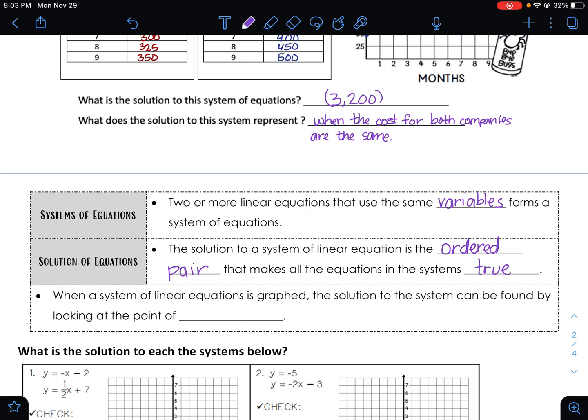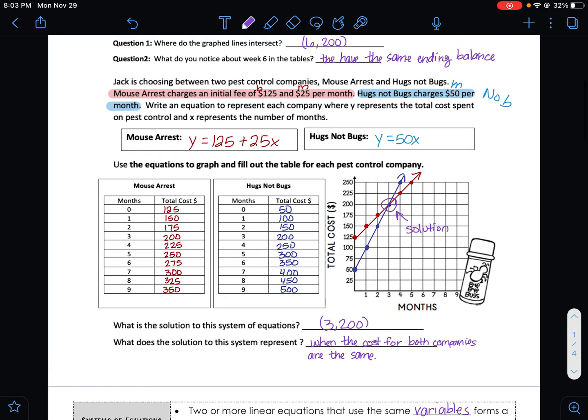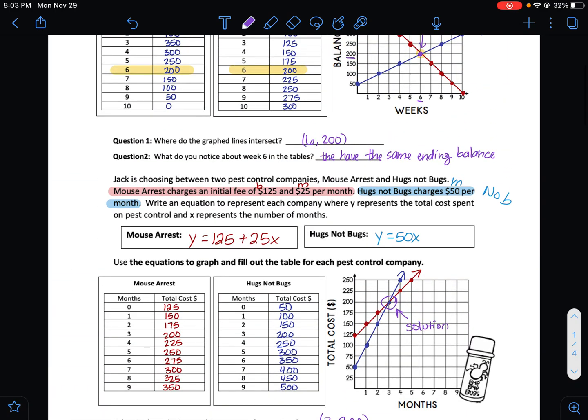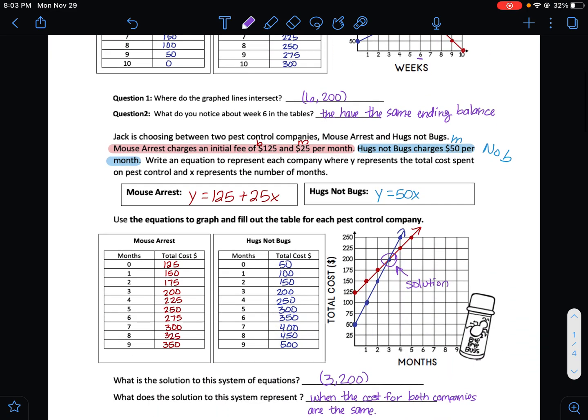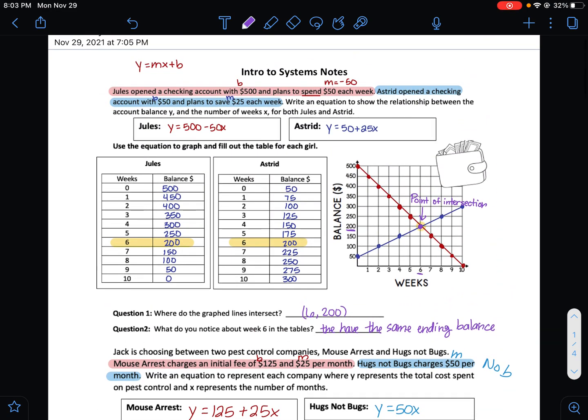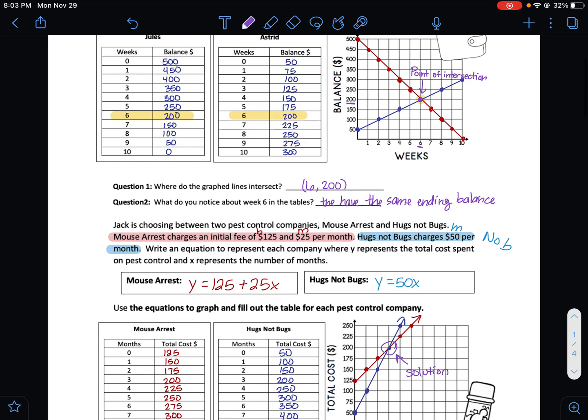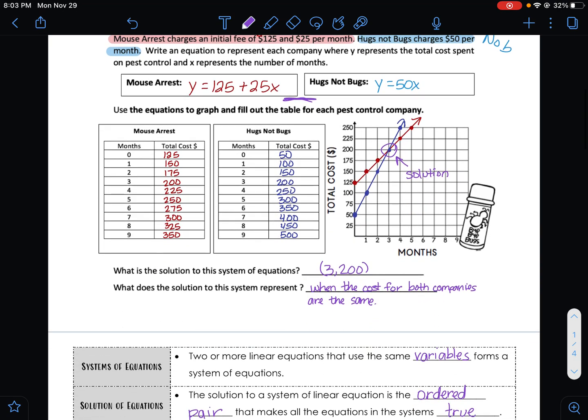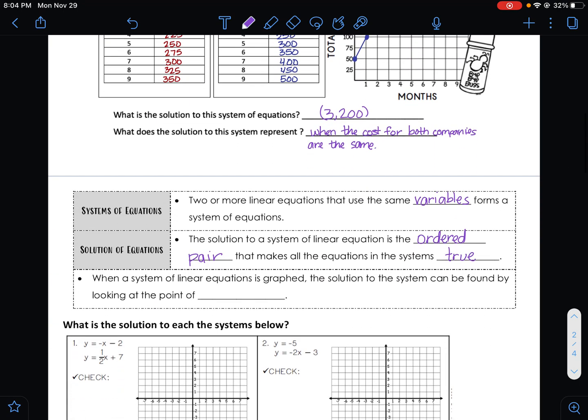Okay, so if I were to plug in our answers that we got, this 3, 200 and this 6, 200, into both of these equations up here and both of these equations here for the respective values, in the calculator, we would get true statements. And I'll show you what that looks like in the examples below. Just know it's going to make them true.